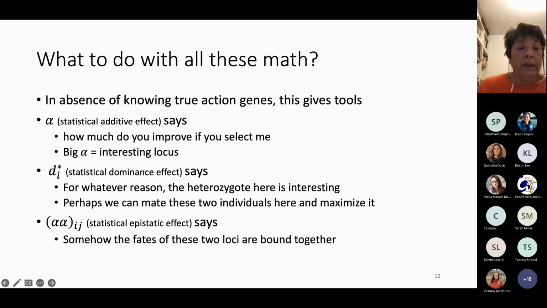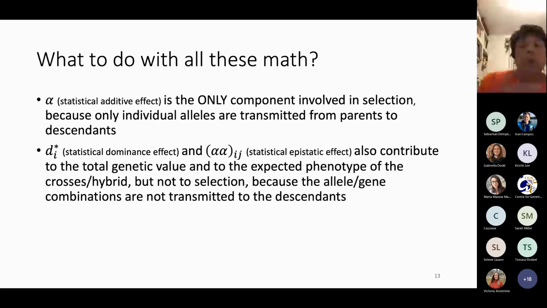In addition, if we have a statistical epistatic effect, this effect says somehow the fate of these two loci are bound together. So we have to keep in mind that this statistical additive effect is the only component involved in selection, because only the individual alleles are transmitted from parents to descendants.